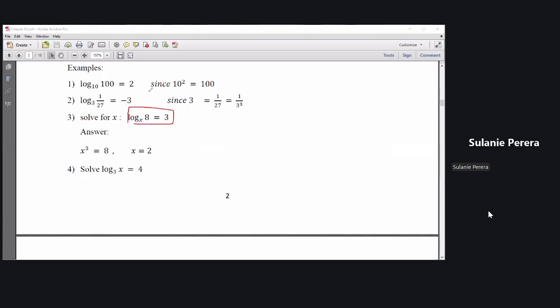So remember the rule that I said, log 10 of 100 is 2, now we have 10 to the 2 is 100, right? So you can apply the same rule over here. That is, you can take x to the power 3 equals 8. So 8 is 2 to the power 3, which means x is 2.